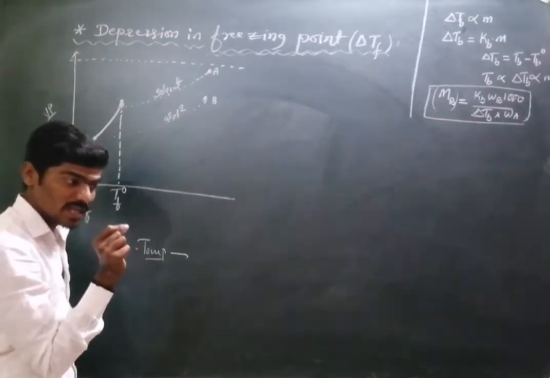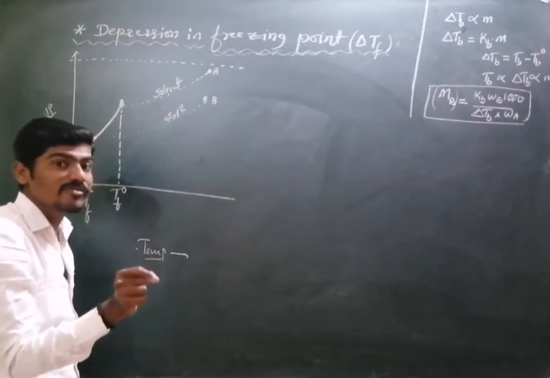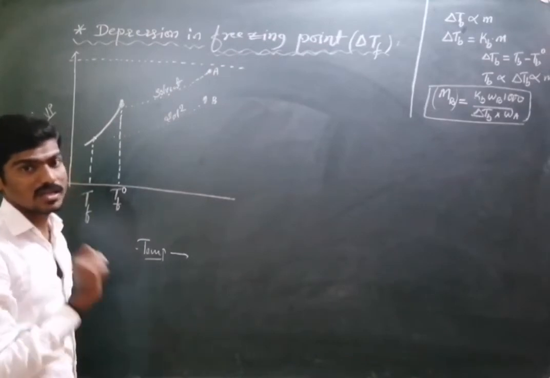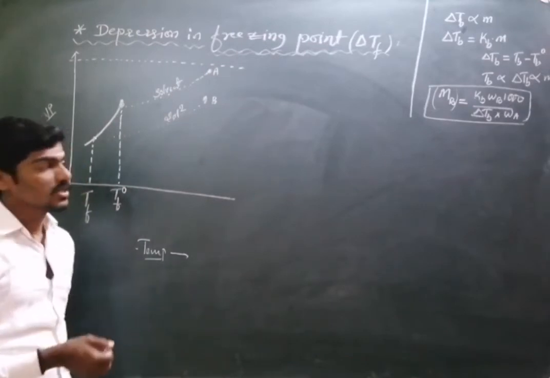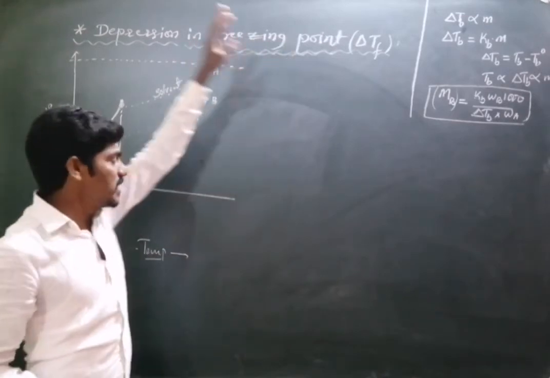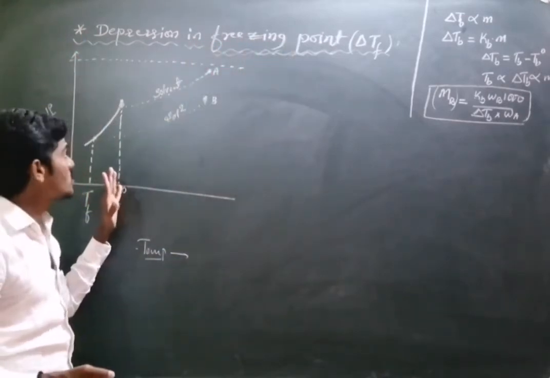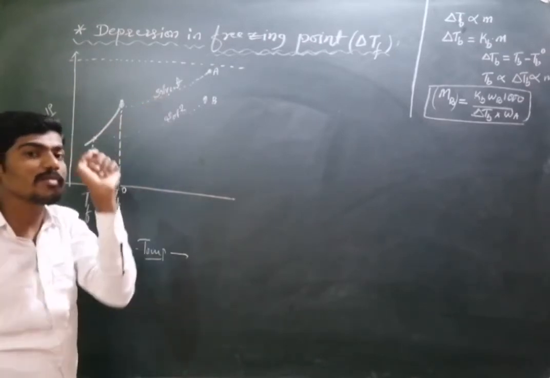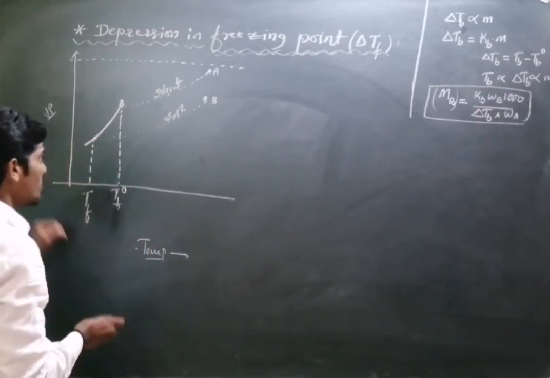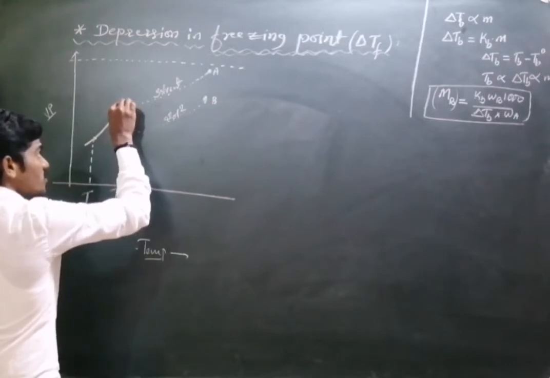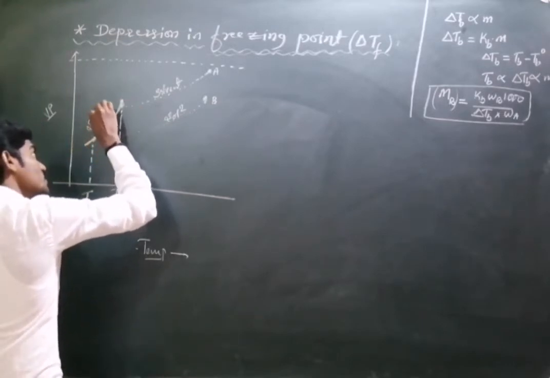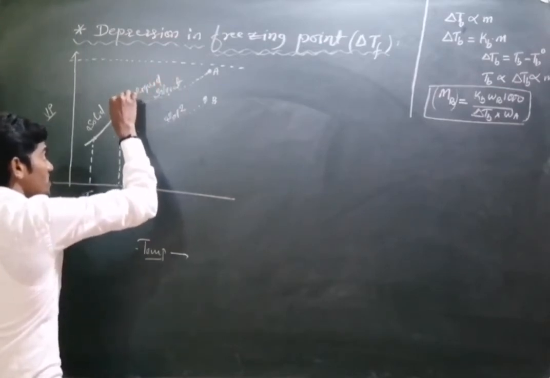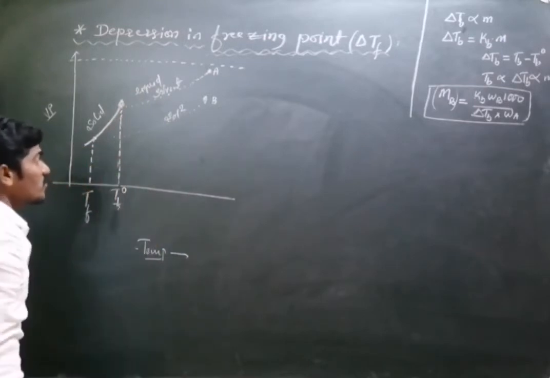The vapor pressure in solid phase and liquid phase for a substance is the same at that temperature, called the freezing temperature or freezing point. So the temperature at which the vapor pressure of a substance in solid phase as well as in liquid phase is the same is called the freezing point.